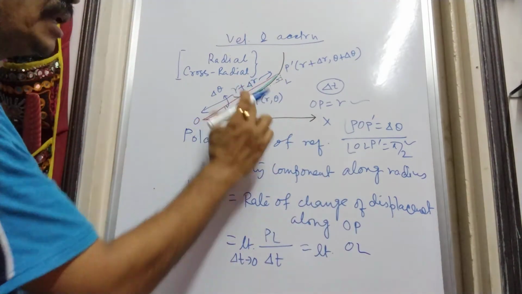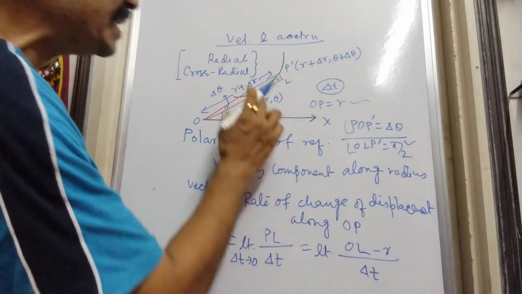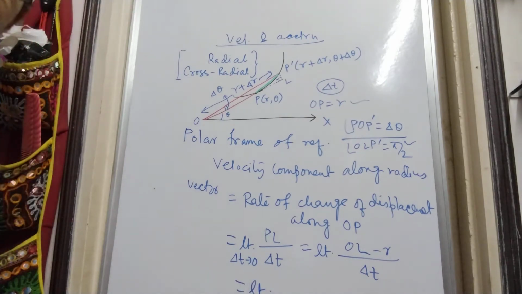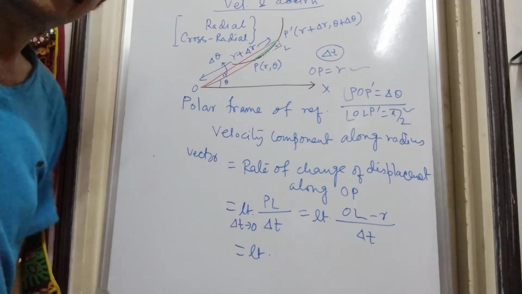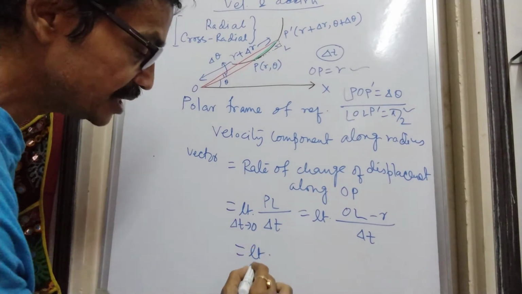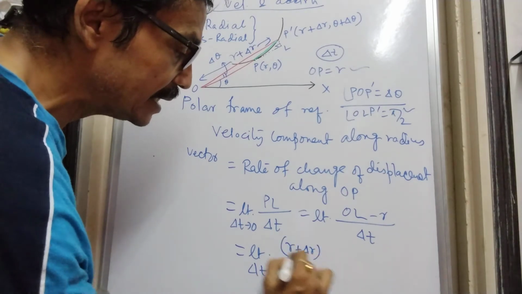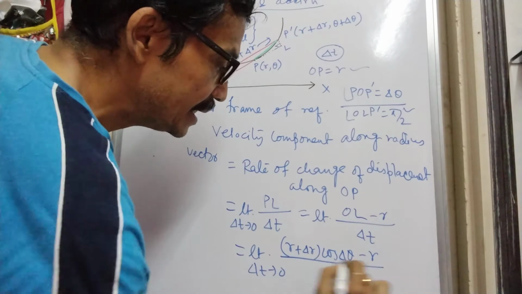PL is nothing but OL minus OP, and OP is actually r, so this becomes (r plus delta r cos delta theta minus r) by delta t.